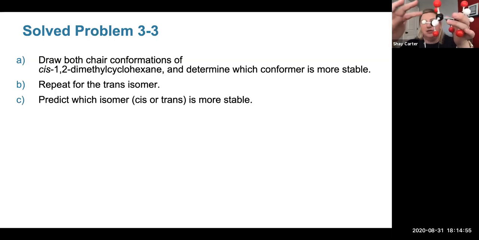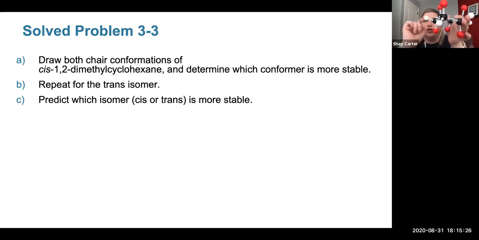So axial, equatorial on the same face of the ring. It doesn't matter how we flip it, we can't get one out of axial and one out of equatorial at position 1 and 2. This one's always going to be axial and this one's always going to be equatorial, no matter how we turn it.